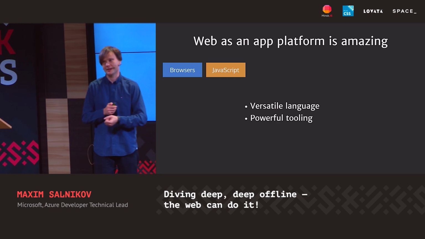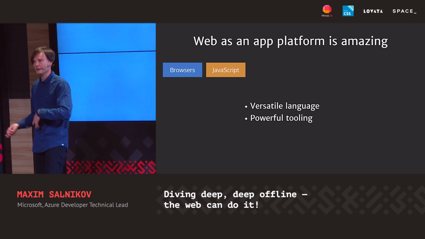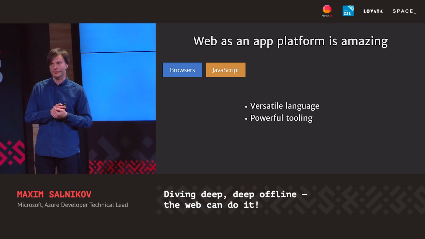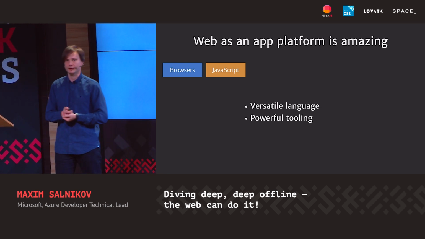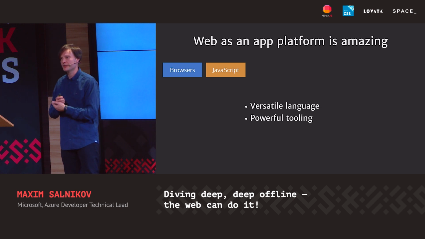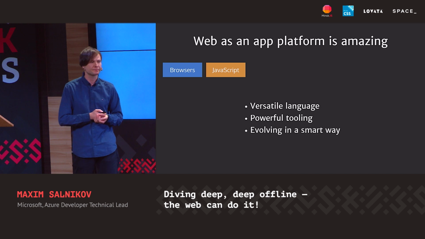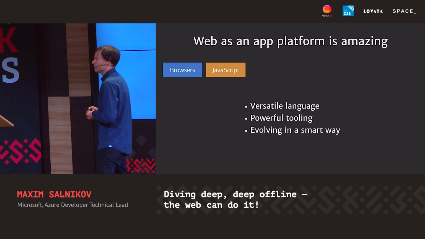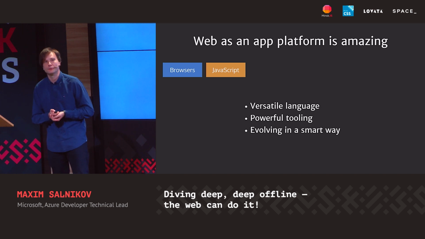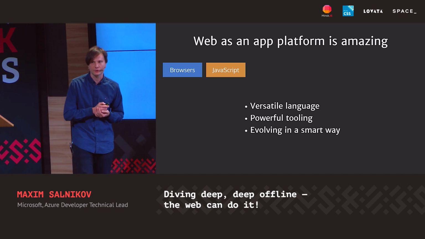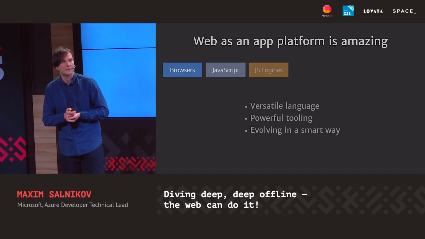If you don't like to code in JavaScript, you can code in some other language, and powerful tooling will transpile everything to JavaScript, plus the support of IntelliSense and all other features is best in class for pretty much every IDE we use. And a very smart and very conservative way to evolve, to make sure that we do not break any previous versions, right?